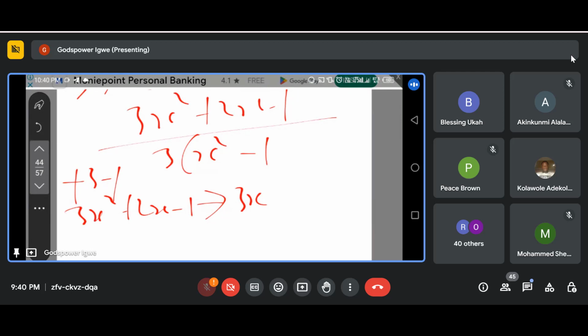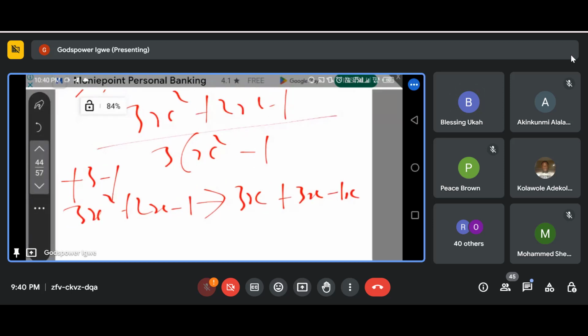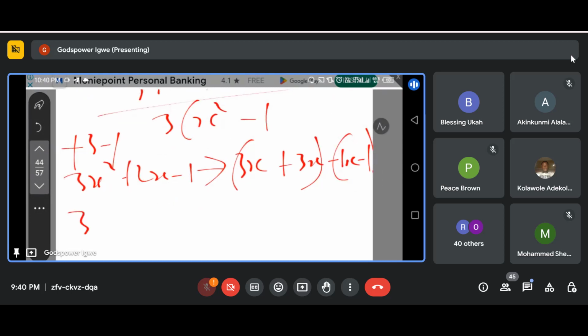It's going to be 3x, then what are the numbers? Plus 3x, then minus 1x, all over minus 1. So with this now, if we take this together, we take 3x together. This is 1, 1, right? This is 1, 1.